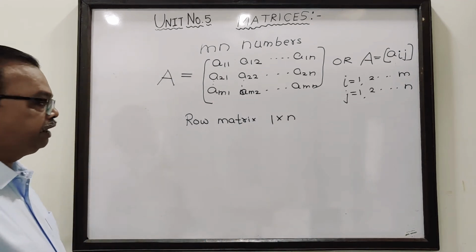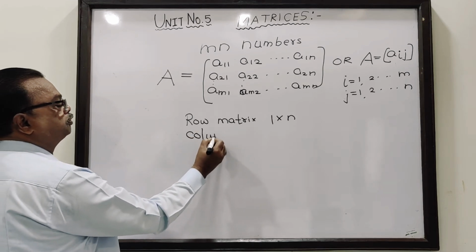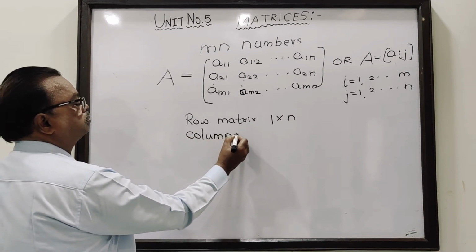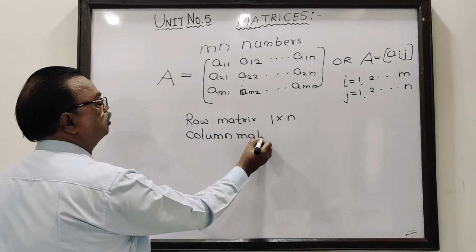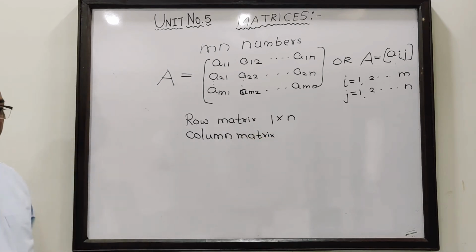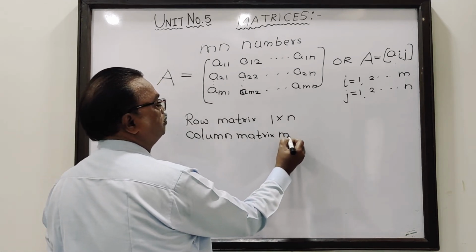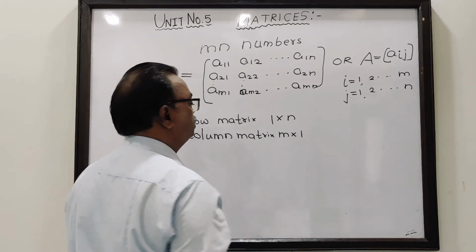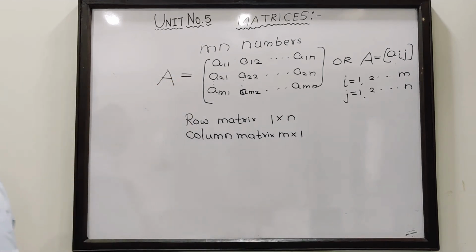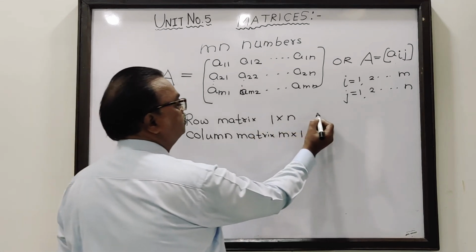Then what is a column matrix? A matrix having only one column is called a column matrix. That is, a matrix of order m by 1 is called a column matrix. For example, what is the example of a row matrix?